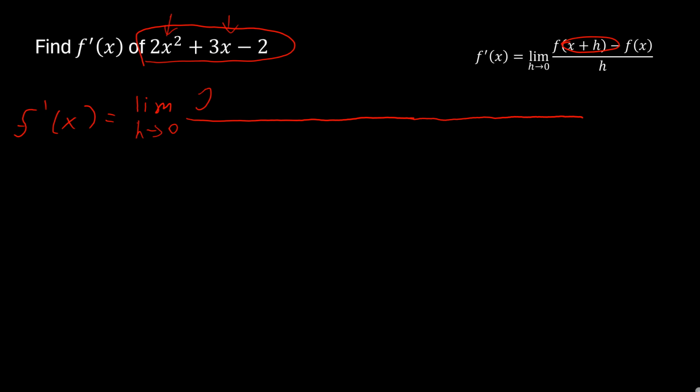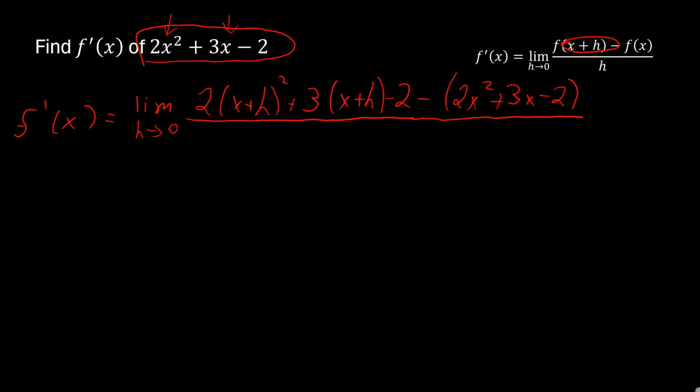We've got 2 times x plus h squared plus 3 times x plus h minus 2, and then we're going to subtract the whole function, so 2x squared plus 3x minus 2, all over h.